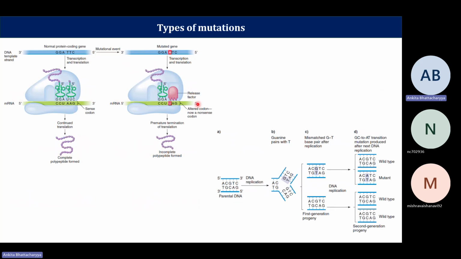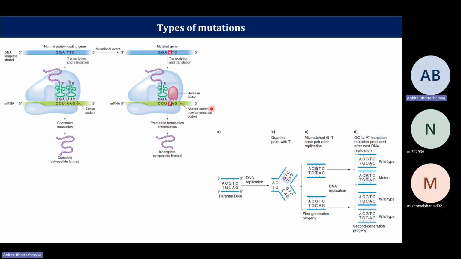Like you can see here, this is the premature truncated protein that is getting synthesized from the ribosome. Why so? Because the change in the sequence, instead of recruiting the next charged tRNA, is recruiting a release factor, which is going to terminate the synthesis.